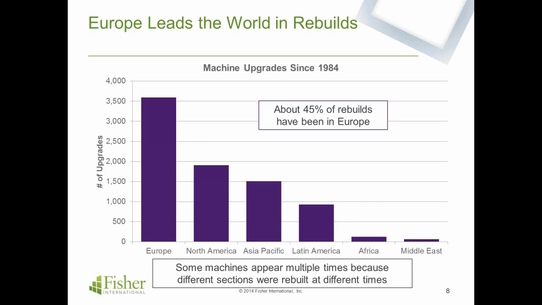I asked FisherSolve to tell me about every time a machine had been rebuilt. So, for instance, if a machine in Europe had the head box rebuilt 20 years ago, and then 10 years ago had a new dryer section, it would appear twice in here. So there's some double counting, but it's important to capture each one of those rebuilds.